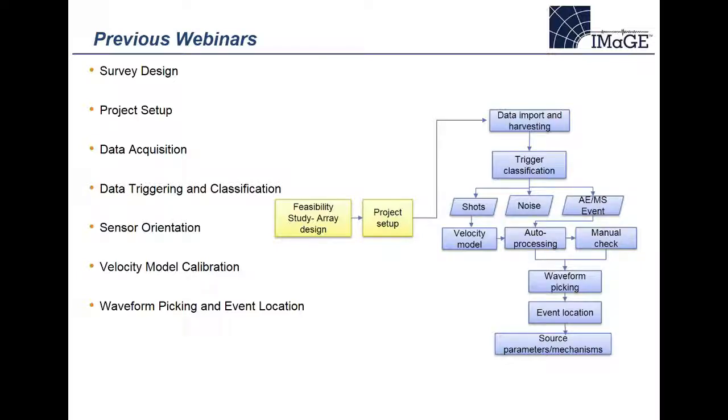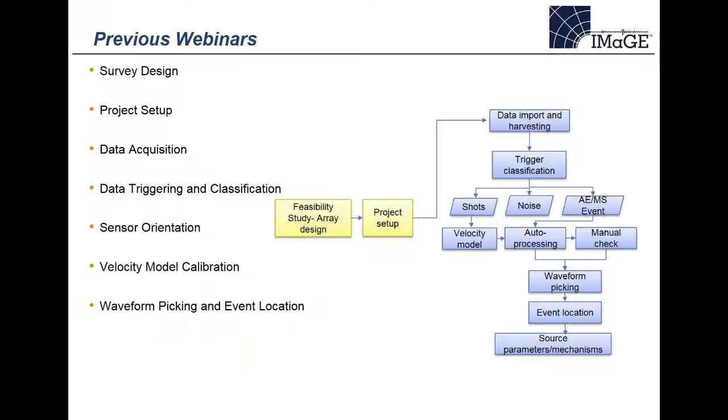So previous webinars have talked about microseismics in general and really focused more on the survey design and feasibility and project setup. That was a webinar delivered by Junwei a couple months ago. Then the third webinar in our series, again delivered by Junwei, was more about data acquisition, triggering, and then sensor orientation, velocity model calibration, and finally picking an event location.